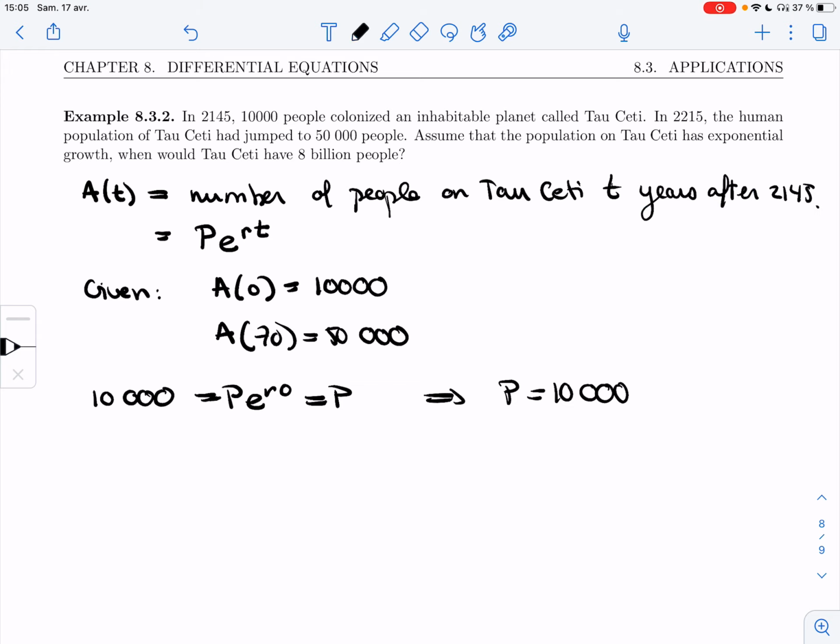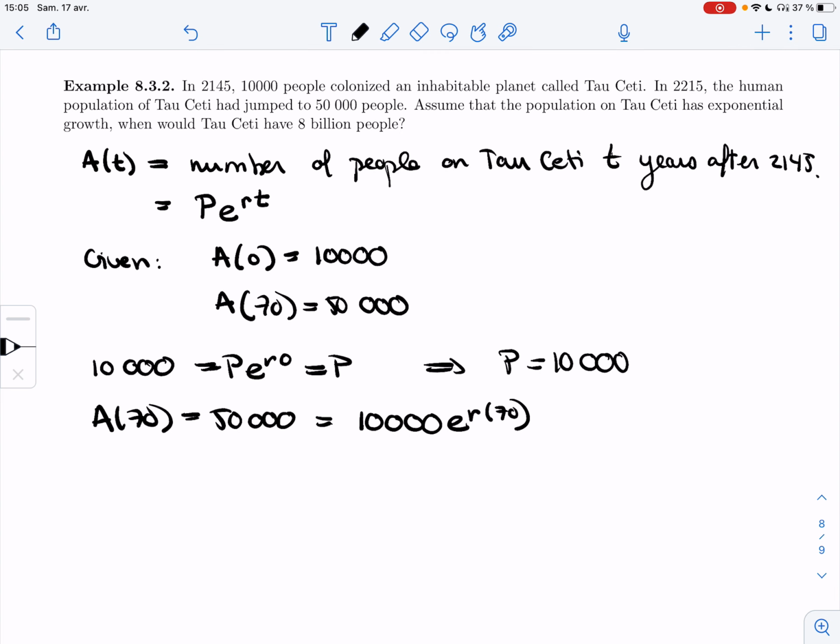And then all you have to do is figure out r, and that's going to depend on this. So after 70 years, we're at 50,000. That's P, which is 10,000, e to the r times 70. All right, so if I divide by 10,000, I get that 5 is e to the r times 70.